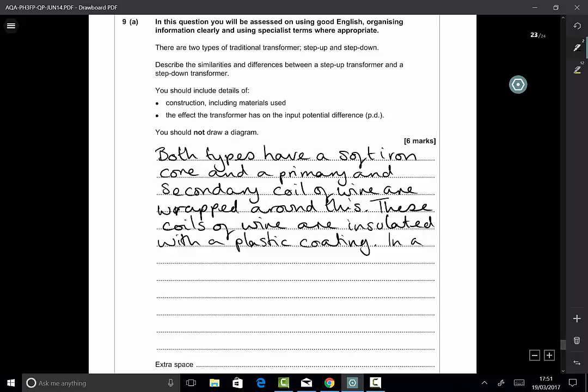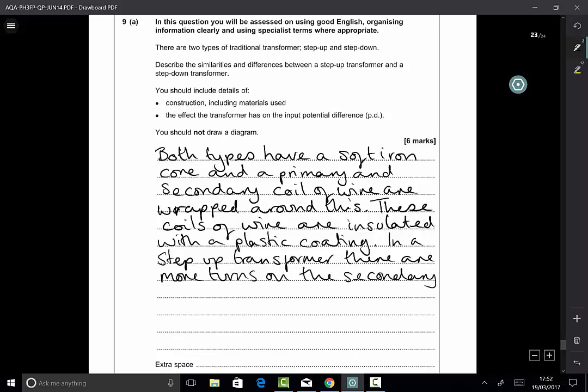In a step up transformer, there are more turns on the secondary than the primary, so the PD increases.